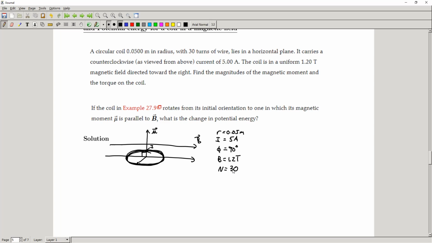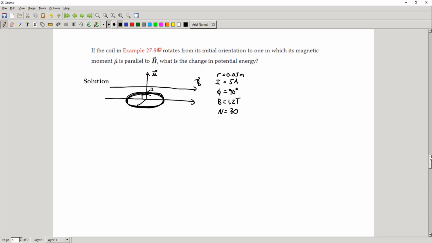Okay. And so for the first part of the question, we want to find the magnitudes of the magnetic moment and the torque on the coil. So we'll just write down a couple of quick expressions here.